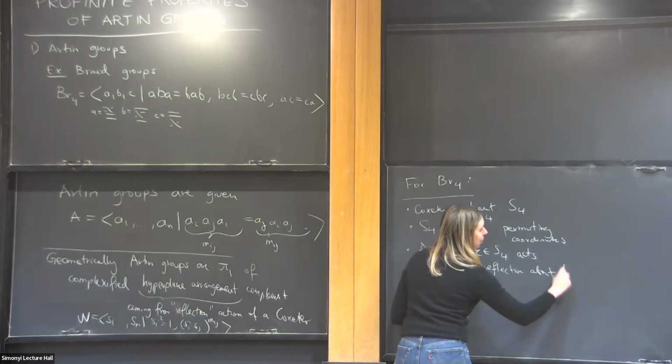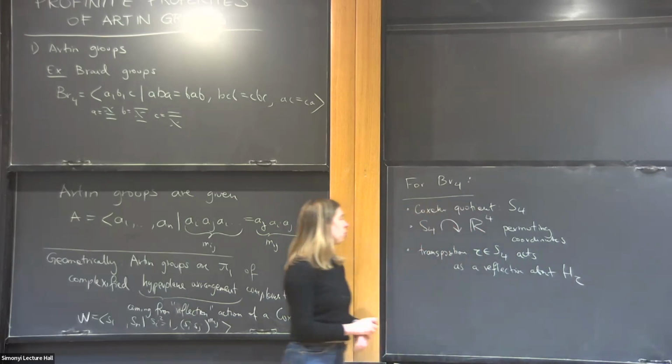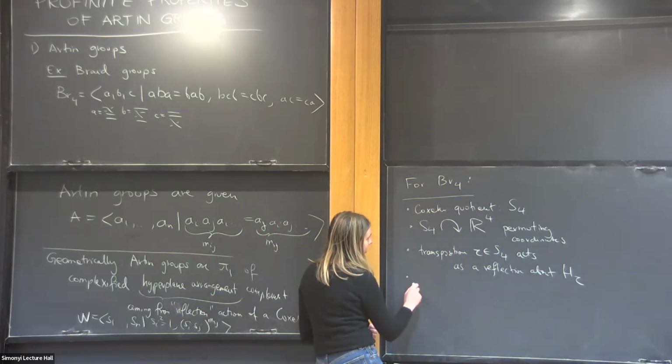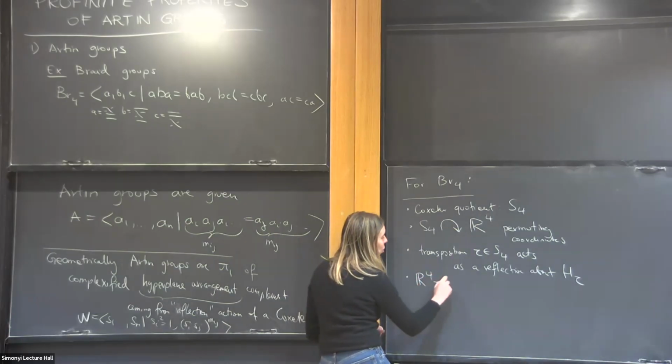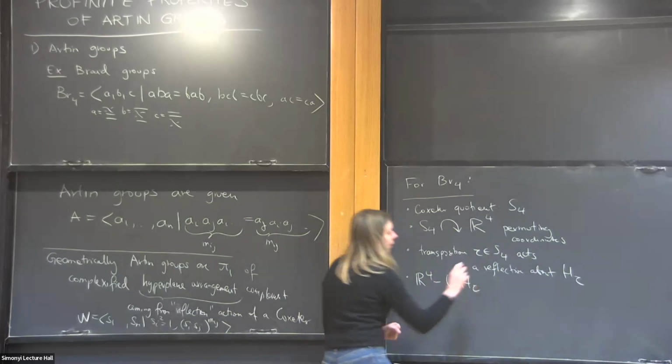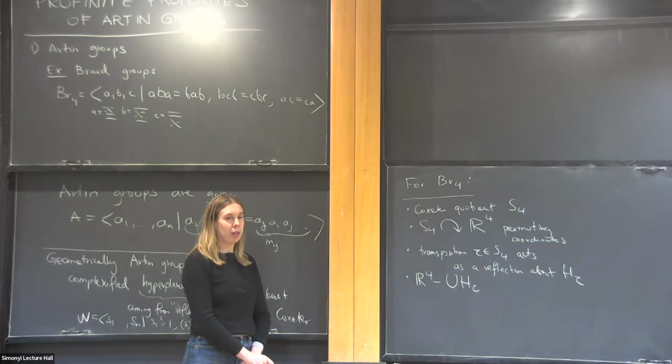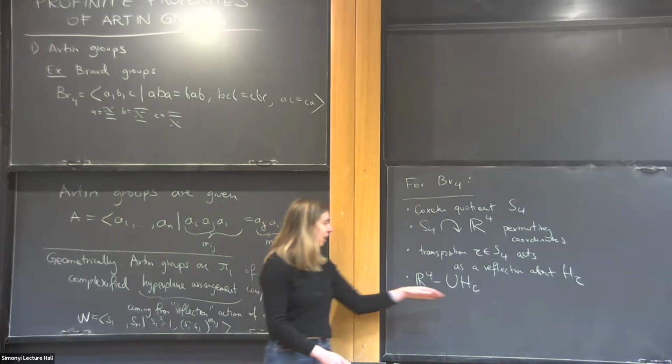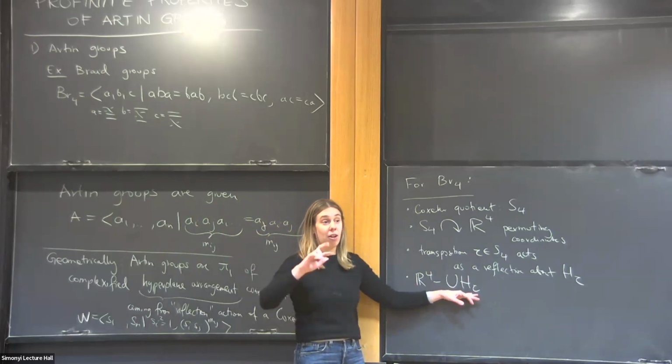about some hyperplane. So for each transposition, we have a hyperplane. And so if we remove those hyperplanes that some of those transpositions reflect about, those are the only subspaces that are fixed by some element.